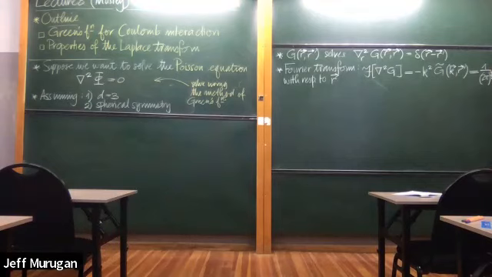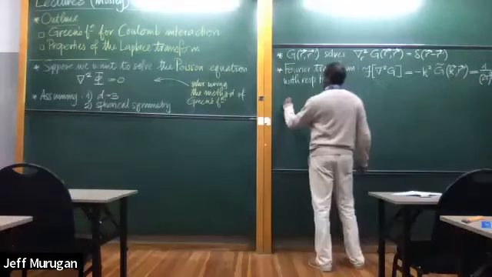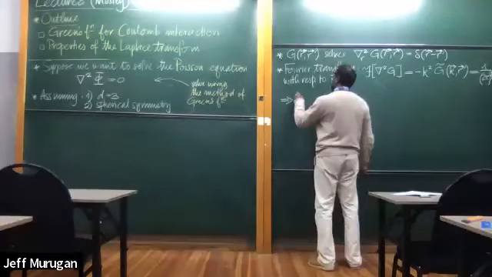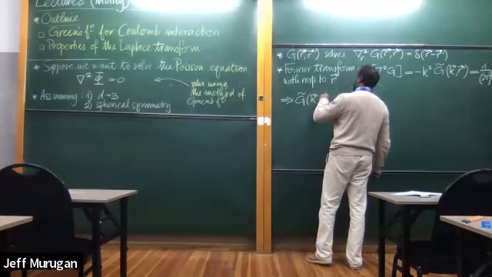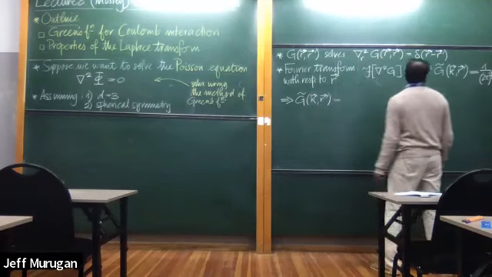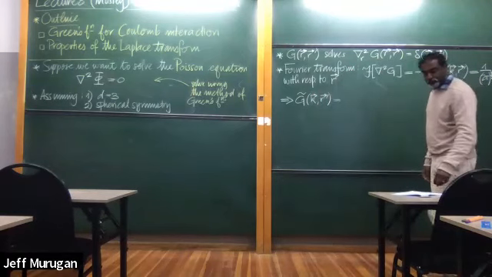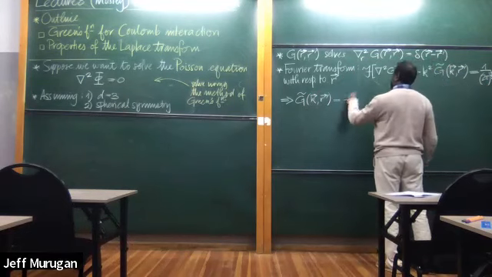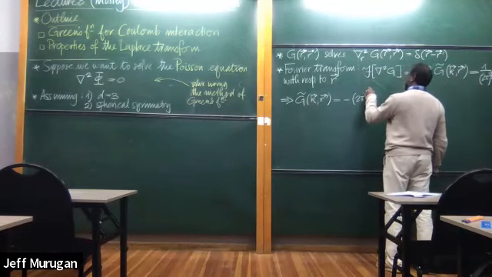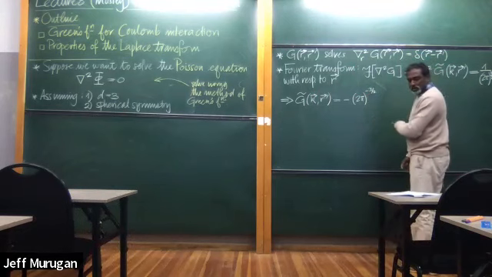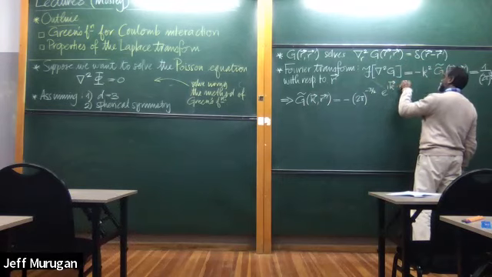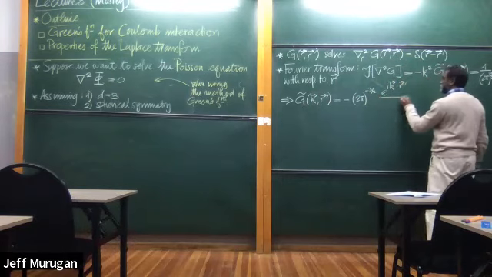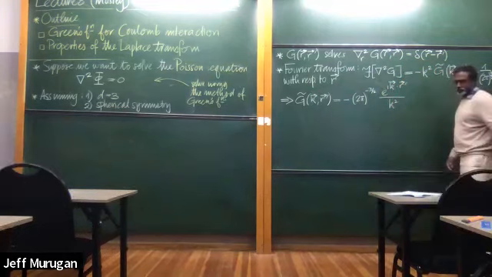And so I can solve for the Fourier transform of the Green's function. So g tilde of k, r' is minus (2π)^(-3/2) e^(-ik·r') over k squared.